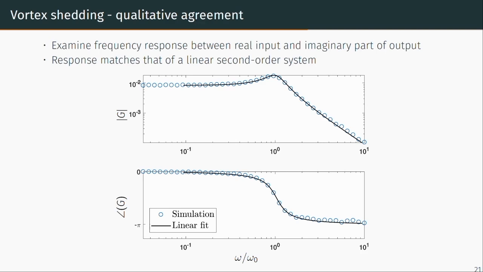So this is just like a mass spring damper system, essentially. So you get some resonant behavior at the frequency defined by this parameter, and then also this phase decay. And as we'll see, this ties in very well with what we observe from the real input-output response for the turbulent flow.